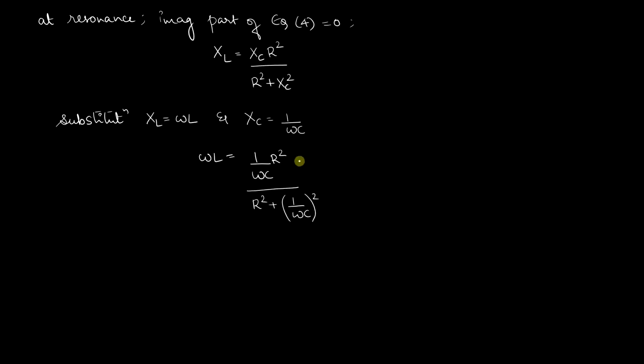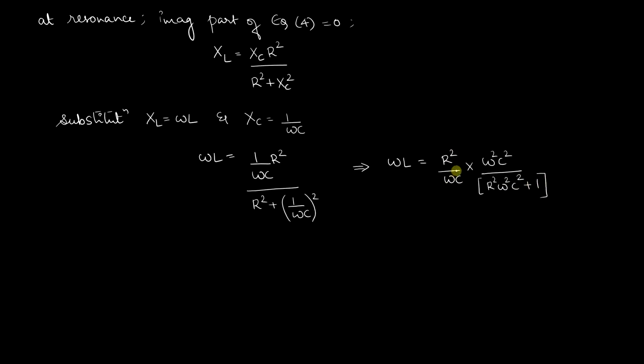Now I need to simplify this expression and obtain the expression for omega. So I can write this as omega L equal to R square divided by omega C into omega square C square divided by R square omega square C square plus 1.